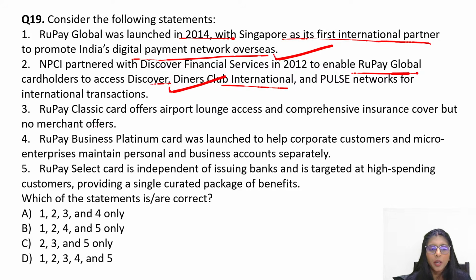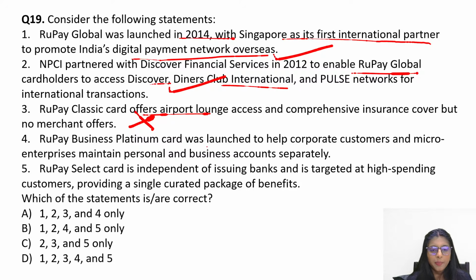Correct. RuPay Classic card offers airport lounge access and comprehensive insurance cover, but no merchant offer. It's incorrect. RuPay Classic does not offer airport lounge access or insurance. It provides merchant offers only.